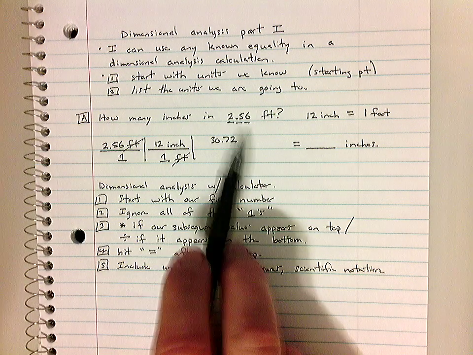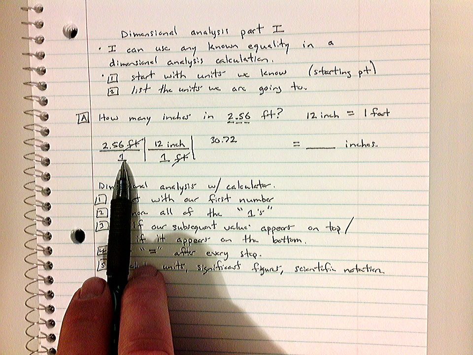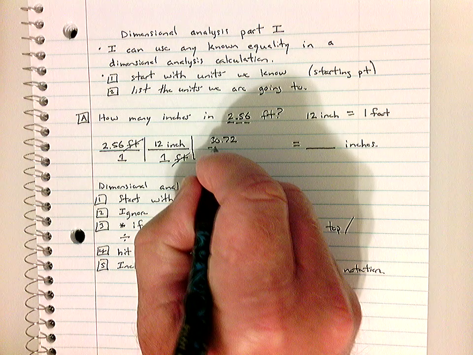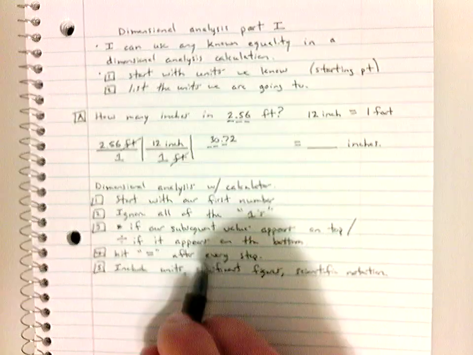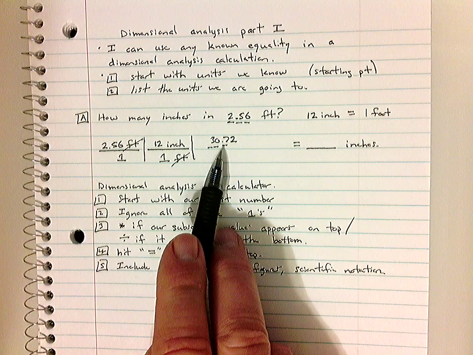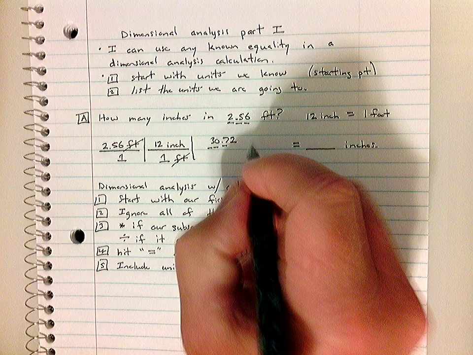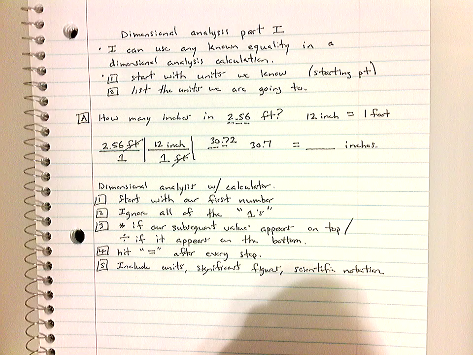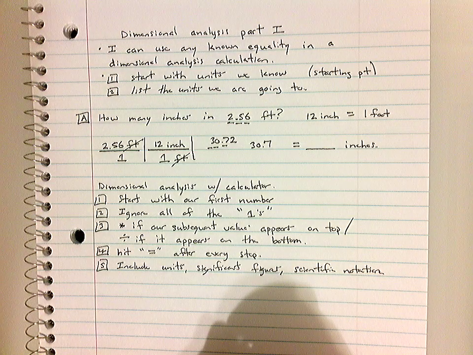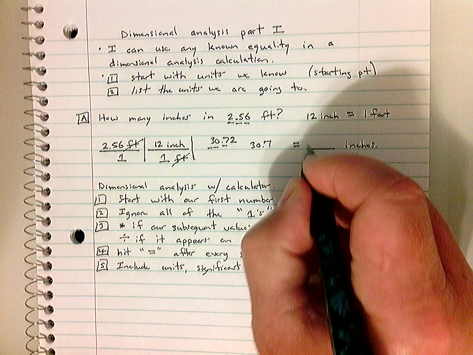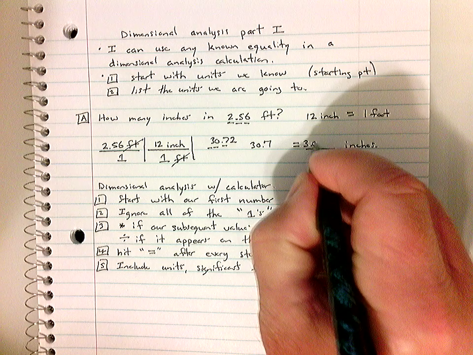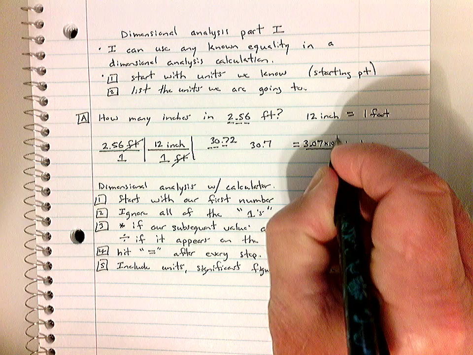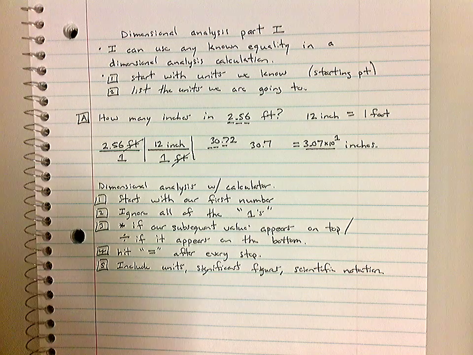So we have 3, infinite, infinite, infinite. So our answer is going to have 3. We take the 3, the 0, and the 7, and ask ourselves, does the 2 round the 7? In this case, no, it doesn't. So we get 30.7. And if we wanted to put that into scientific notation, we would have 3.07 times 10 to the first inches.